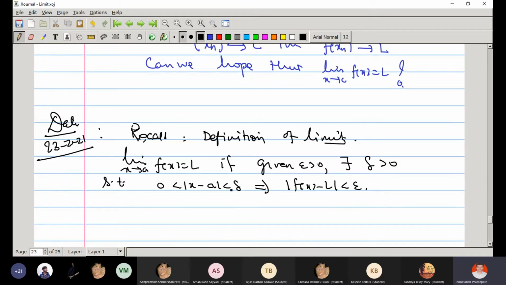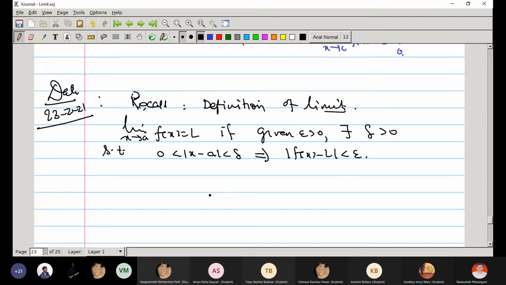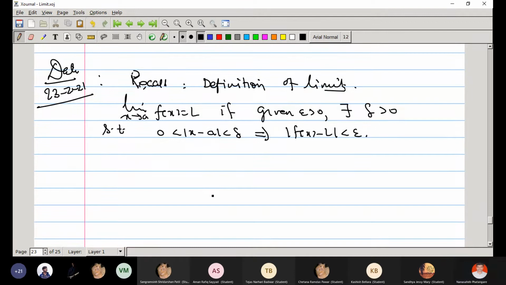This is what we discussed last time. And if for every epsilon we are able to produce a delta, then we say that L is the limit of the function at a.